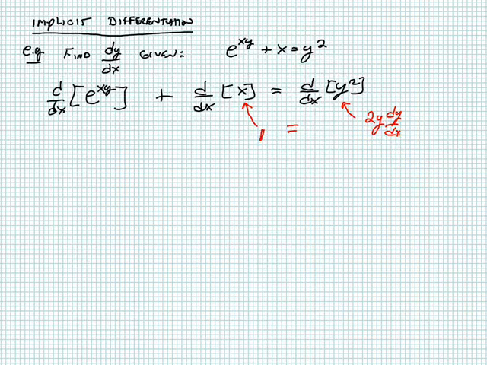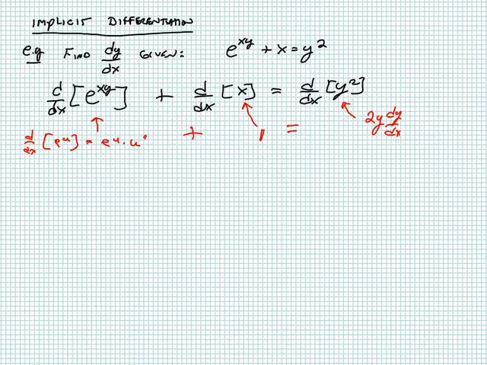And so the only one that's kind of tricky here is this guy, because we have the form of the derivative with respect to x of e to the u, which is going to be equal to e to the u times u prime.